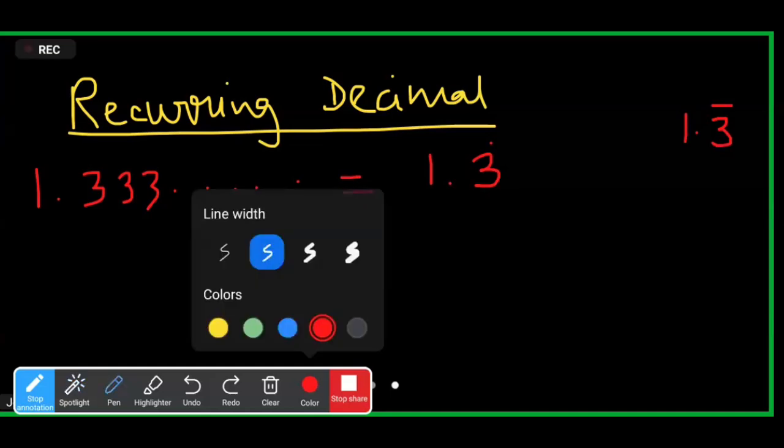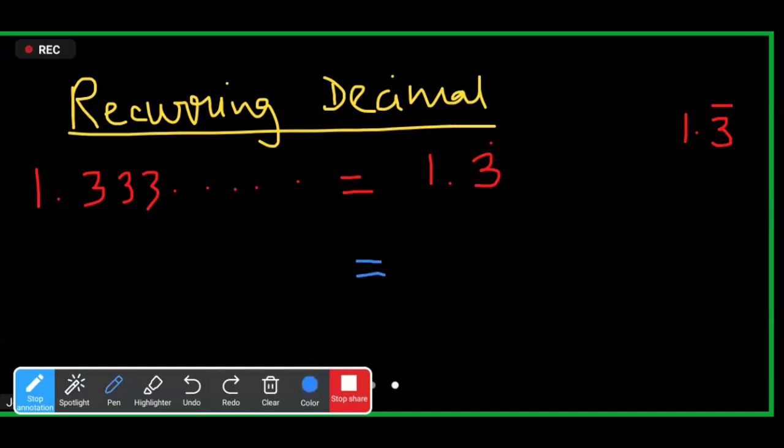Look, first we will write the denominator. You need to check how many digits are recurring. You can see that only 3 is recurring, so we write 9 in the denominator because only one digit is recurring. There is no other number after the decimal, so our denominator is ready.